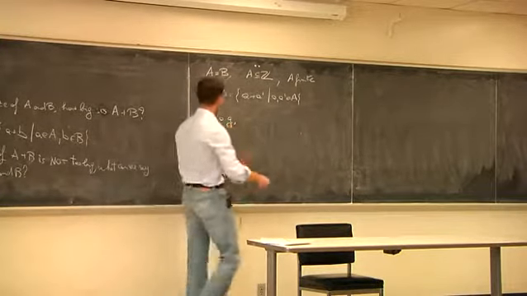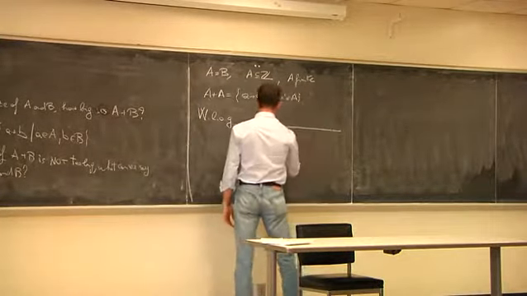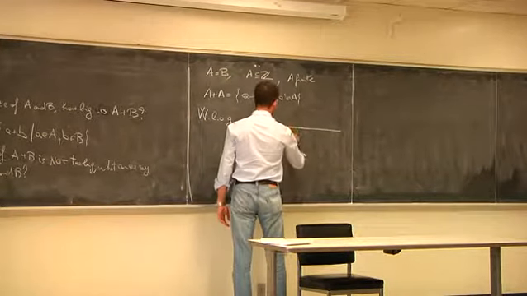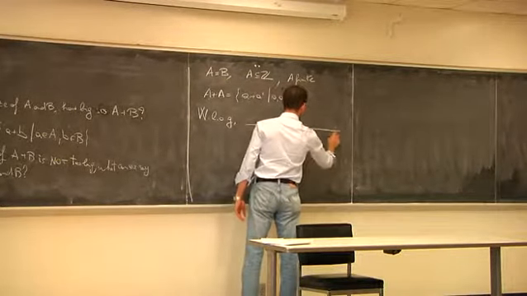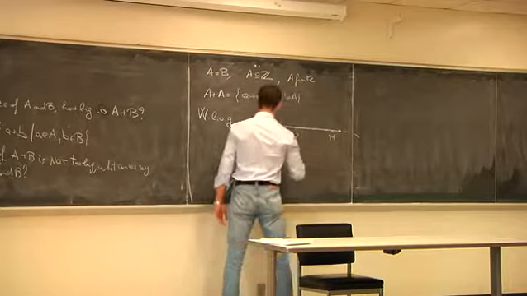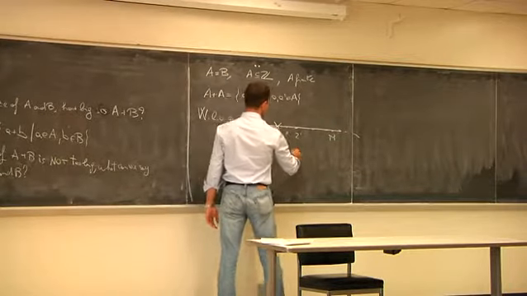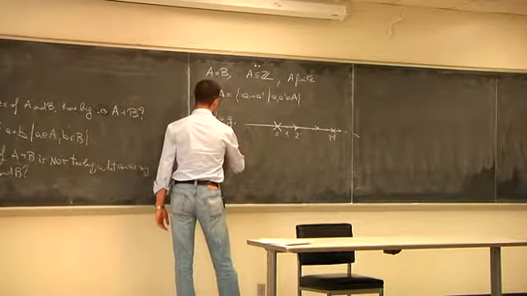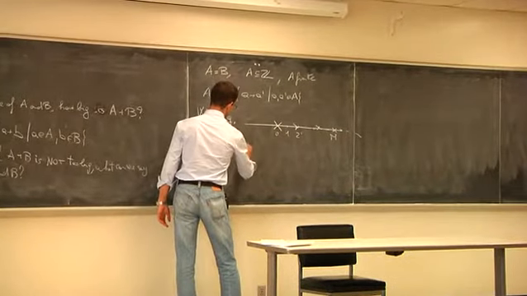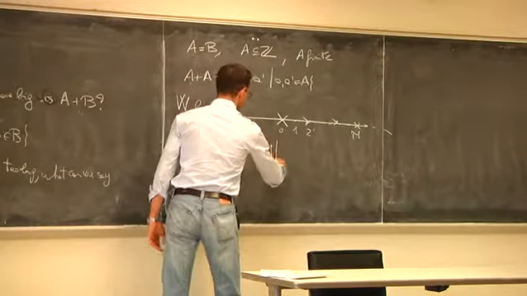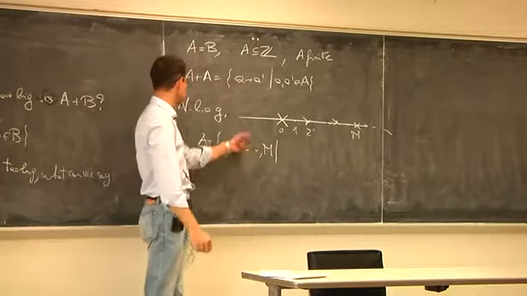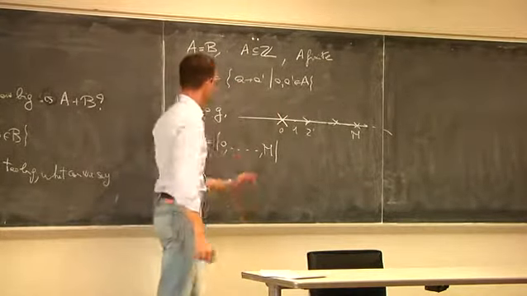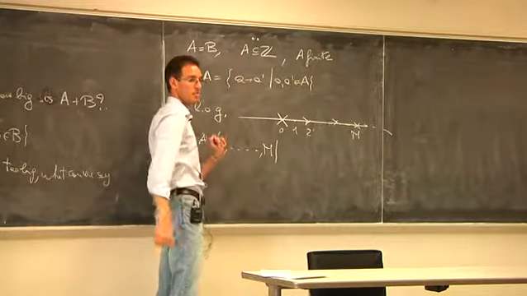So I have my set of integers, and this is 0, let's say 1, 2, up to capital M. And let's say that 0 is in A, then the others are in A. So I can assume that A is of the form 0, and then other elements up to M. Maybe there is 0, 2, 15, something. So up to a translation, I can always assume that it starts from 0.